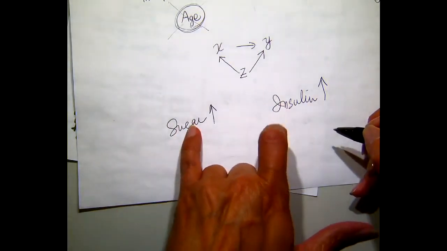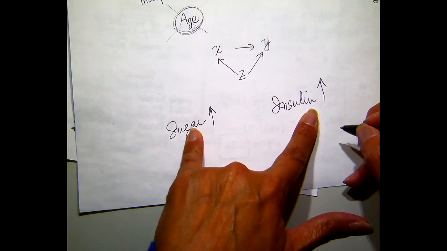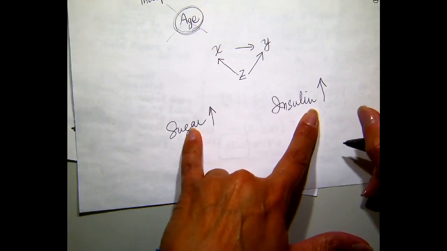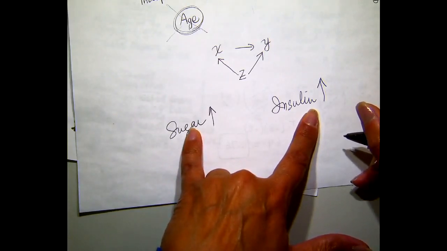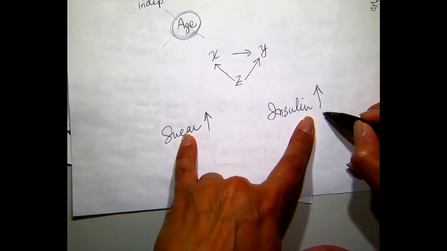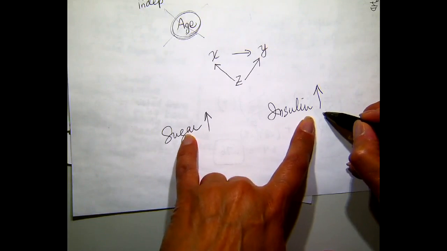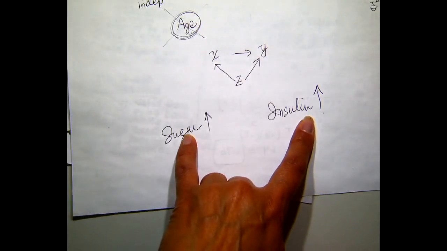So if you eat more sugar, your body produces more insulin. And then, is there a confounder in there? So the more insulin that's produced, it lowers your blood sugar. And where's the confounder?